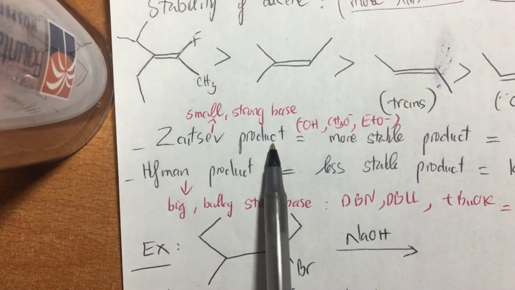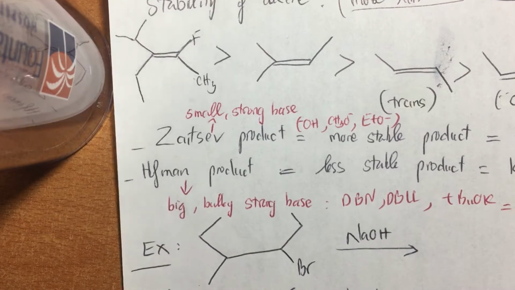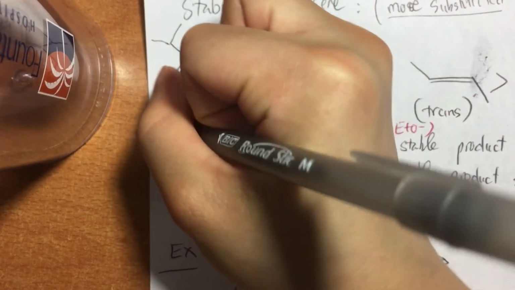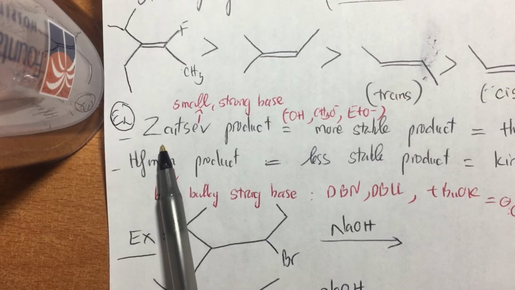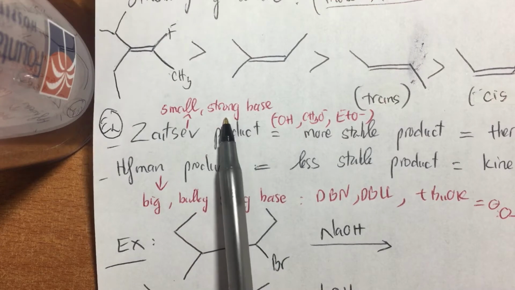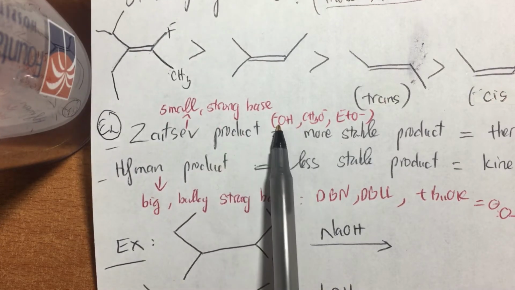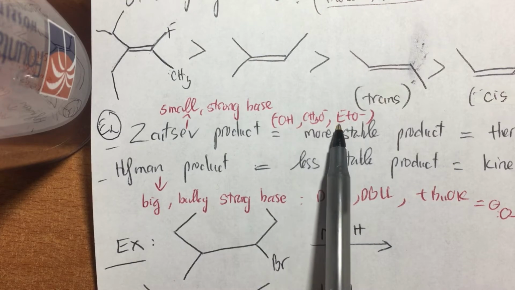So when does the Zaitsev product form? The Zaitsev and Hofmann products are both formed in the E2 reaction, elimination reaction 2. Zaitsev product forms when we have a small and really strong base. For example, OH, CH3O, or an ethyl group.